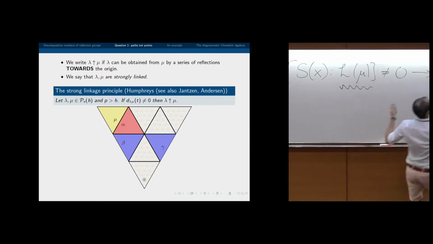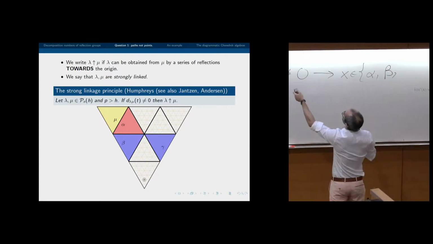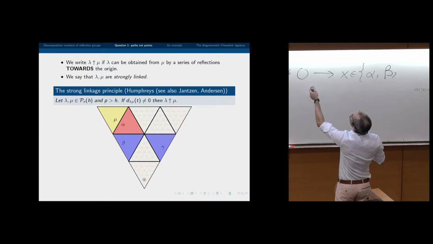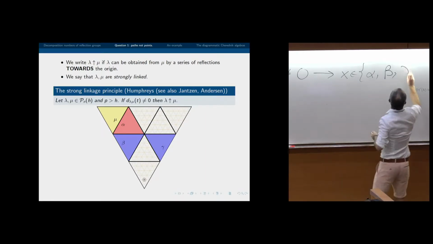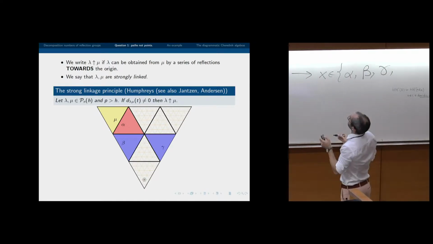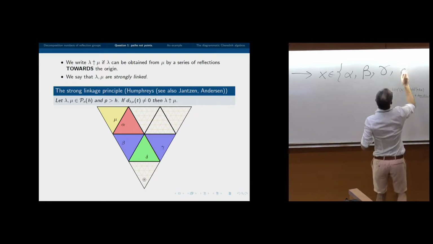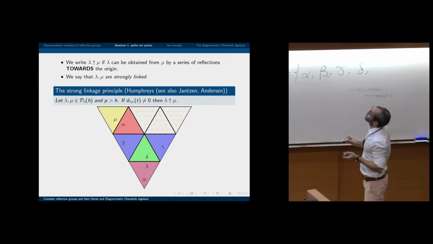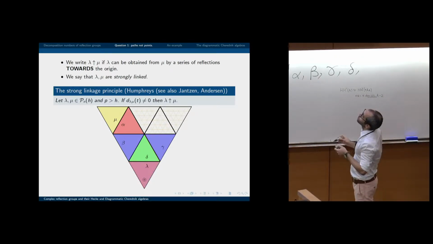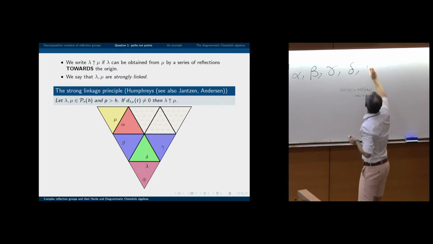Good. So beta's clearly in the set. Now I can also reflect alpha through this wall here, and I'd get gamma. And then I can reflect again and reflect them both towards delta. So there we go, delta. And finally, the alcove containing the actual origin, lambda.